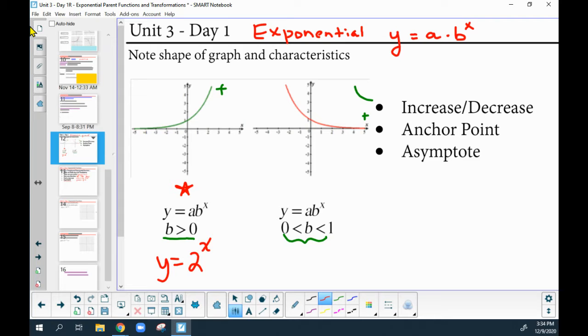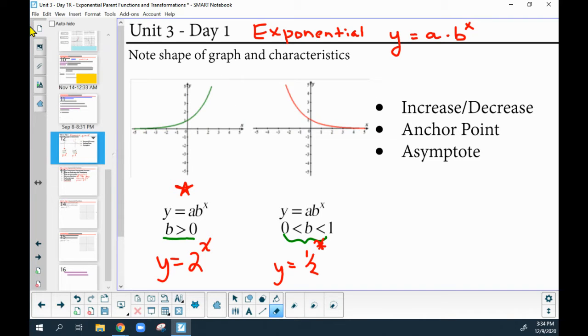But if your base changes to a decimal or a fraction, not a negative, but a decimal or a fraction, so like let's say 1/2, and we raise that base to a power of x, then what's going to happen is, because it's a reciprocal idea, whereas 2 grows, 1/2 decays. So on the right graph you see here in red, this is exponential decay.